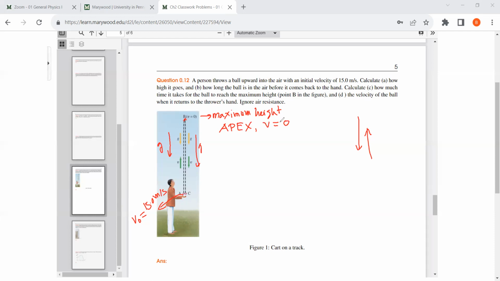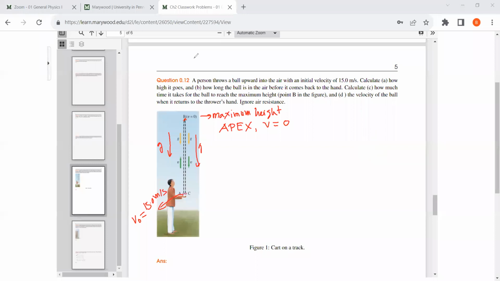So when you throw something up, at its maximum height the velocity will be 0, v equals 0. Although it's not explicitly written that at maximum height v equals 0, you have to understand that the final velocity should be equal to 0.